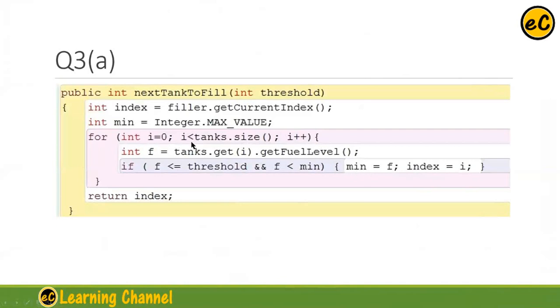I traverse through the array. But here I think I made a mistake on this next tank to fill. The reason is I do not follow the non-random access rule. I'm assuming that I'm starting from the beginning, but there is no such thing as reset in this function, and it is not assumed.